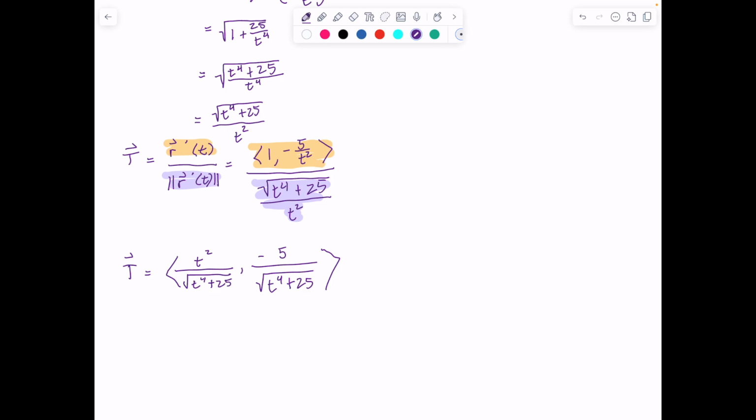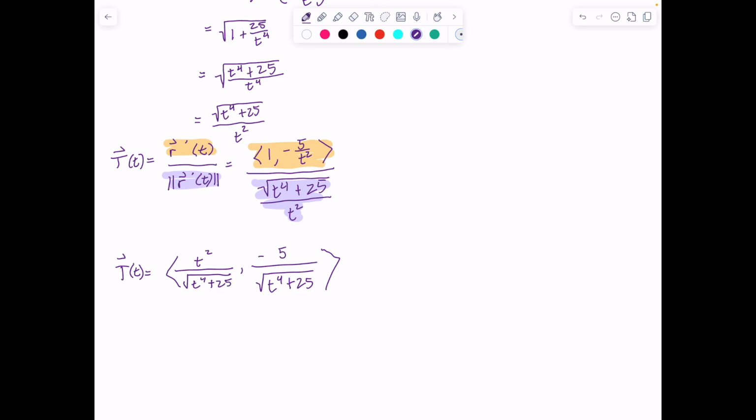Okay, so I'll make a little space here. And so this will be T at t.